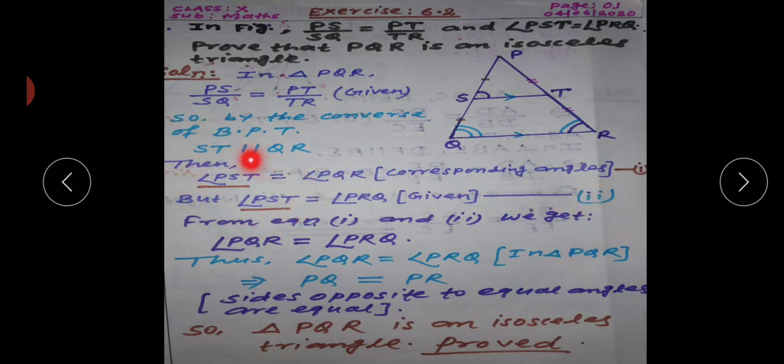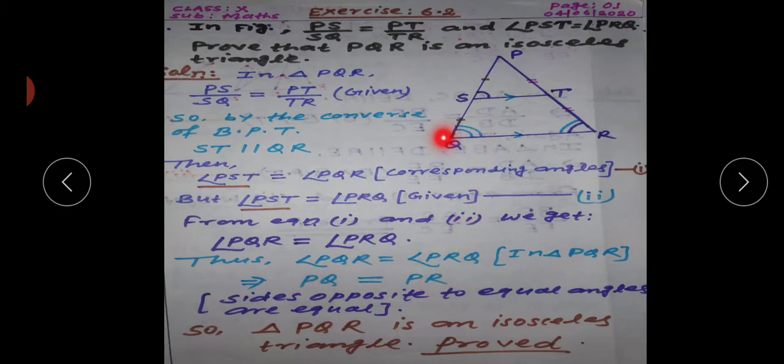Now see here, the LHS of both the equations are equal. Angle PST is in equation first, and angle PST is also in equation second. So if the LHS are equal, then their RHS must be equal. From equations first and second we get angle PQR is equal to angle PRQ, and thus in triangle PQR, this implies that PQ is equal to PR.